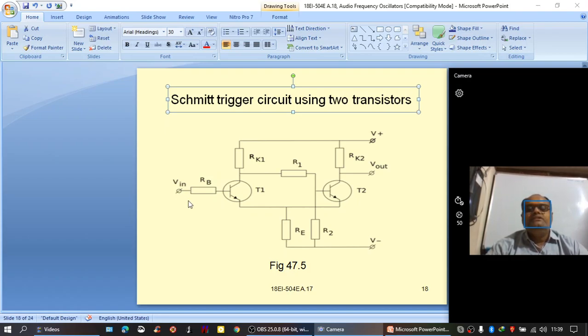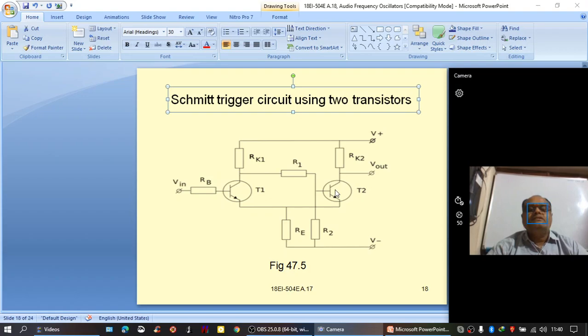When no voltage is available, this transistor would be in off state. When this transistor is in off state, the voltage here would be high because no current is flowing through the circuit, no drop across this. Whatever is the supply voltage that appears here, the same appears here.